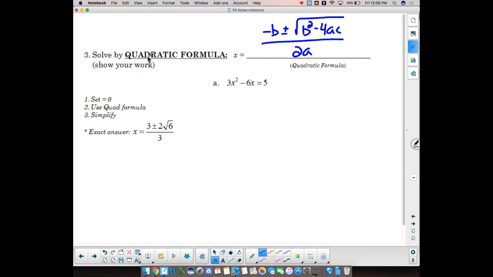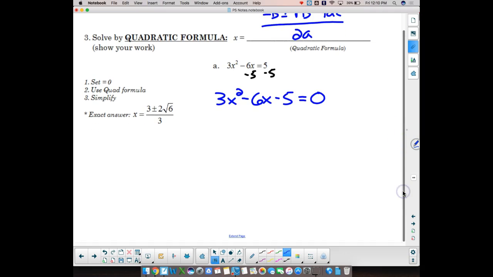Okay, so we're going to first subtract 5. That gives me 3x squared minus 6x minus 5 equals 0. If you are an a, b, and c writer-outer, then your a is 3, your b is negative 6, and your c is negative 5. Then you just plug stuff into the formula.